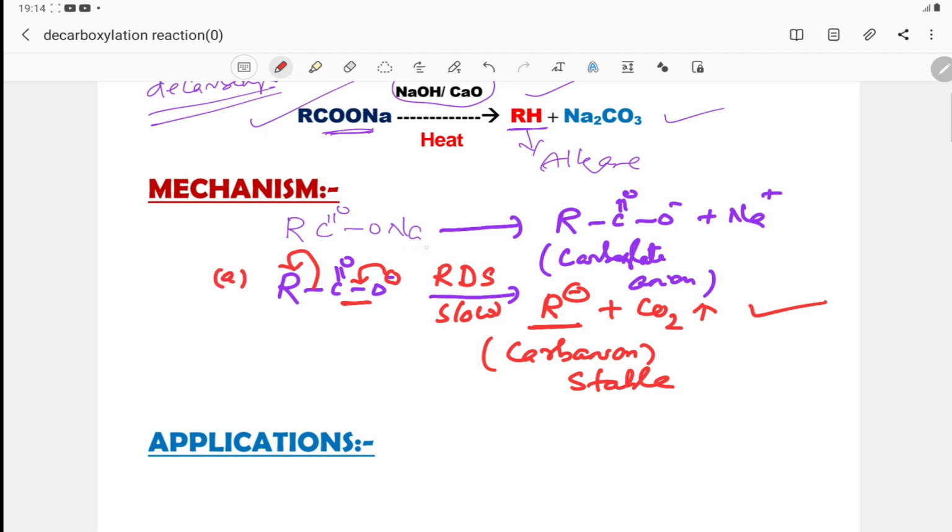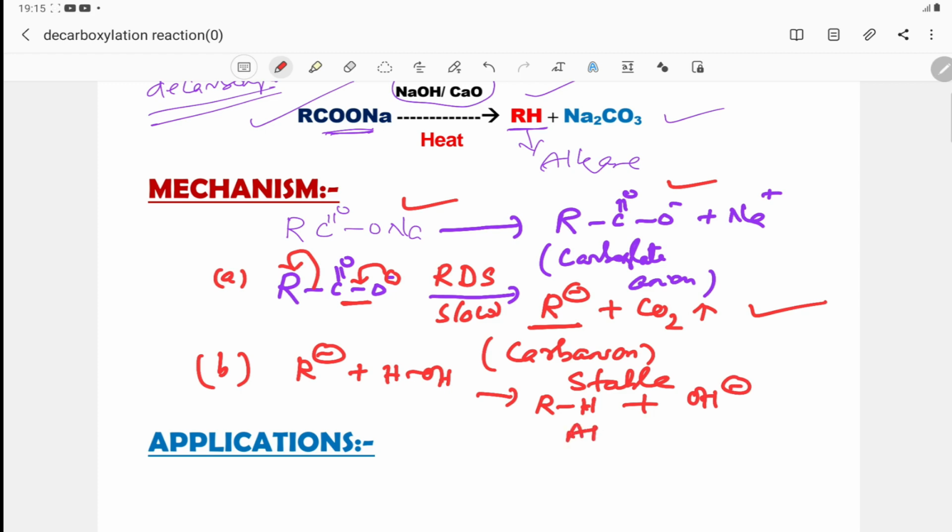After dissociation, sodium carboxylate produces the carboxylate ion. This carboxylate ion, in the slowest step, produces the carbanion. In the second step, the carbanion reacts with water, giving RH and OH minus.